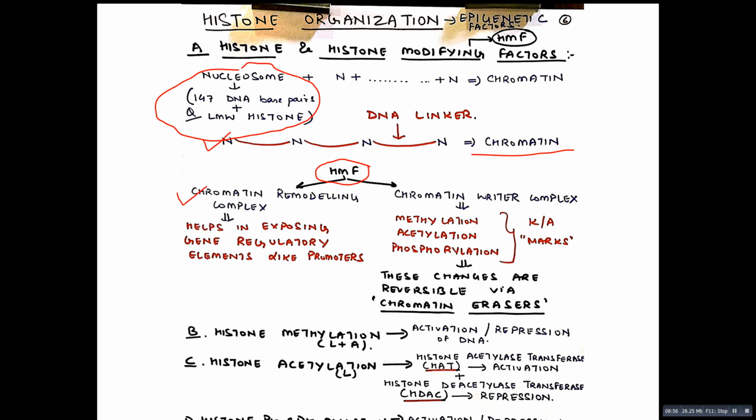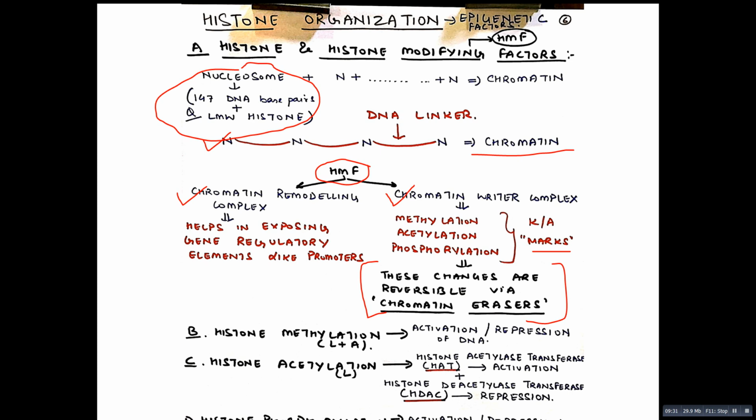The chromatin remodeling complex helps in exposing the gene regulatory elements like promoters, whereas the chromatin writer complex brings about methylation, acetylation, or phosphorylation. All these processes are known as marks, and a classical thing is that all these processes are reversible by means of chromatin erasers.